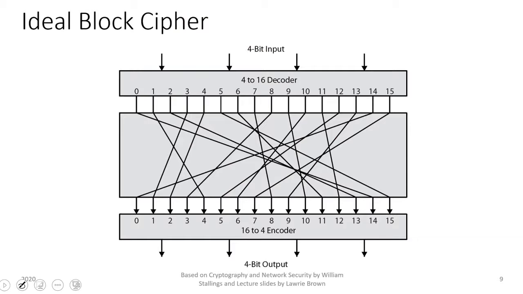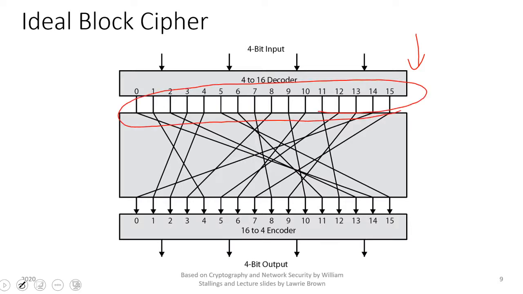So when we think about a block cipher, an ideal block cipher, what we would expect is that we can take a small number of bits, for example a 4-bit input, which can be decoded into a 16-bit value.